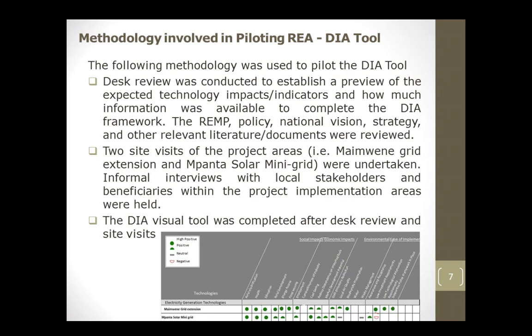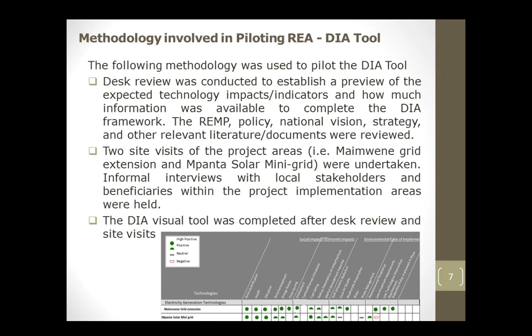So 2 sites, as I mentioned, were visited, which included Mwene Grid Extension and the Mpanta Solar Mini Grid projects. Informal interviews were conducted with local stakeholders and beneficiaries within the project implemented in these areas.